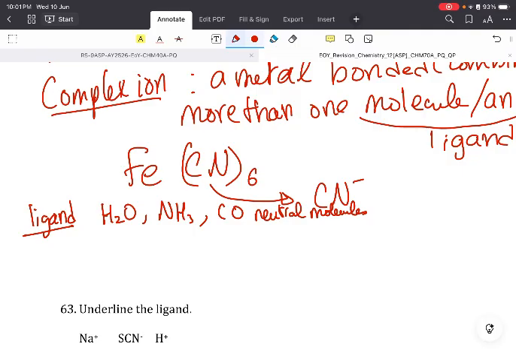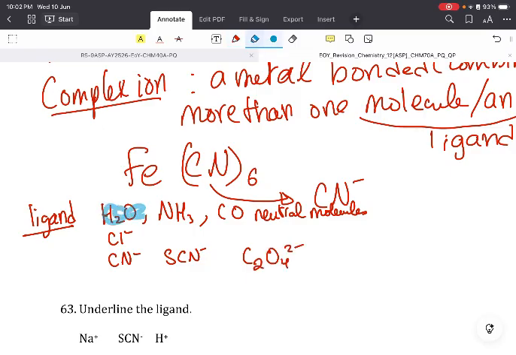Now there are other charged ligands, monoatomic anions, like chloride. This one you should memorize. And polyatomic anions, such as cyanide, thiocyanate, and the oxalate ion C2O4 2-.